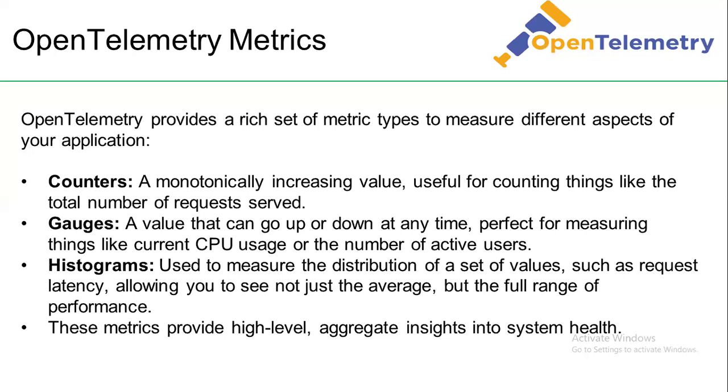Gauges are values that can go up or down at any time, perfect for measuring things like current CPU usage or the number of active users. Histograms are used to measure the distribution of a set of values such as request latency, allowing you to see not just the average but the full range of performance. These metrics provide high-level aggregate insights into system health. So that's OpenTelemetry metrics.